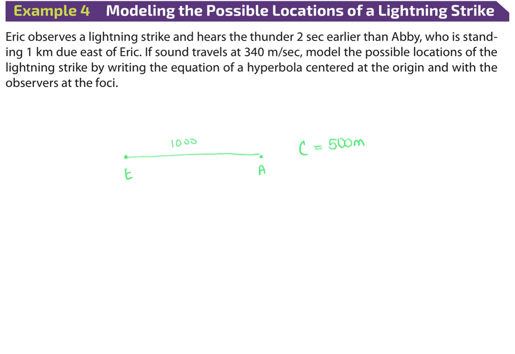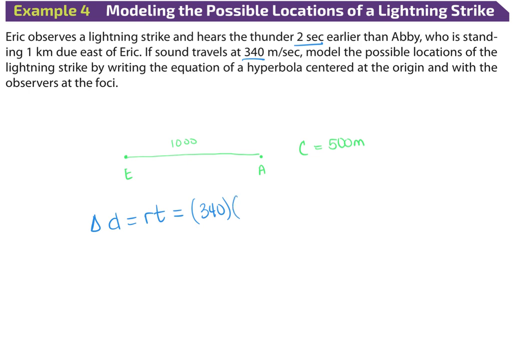The distance of the actual sound is going to be how fast it travels times how long it traveled. Distance equals rate times time. That's just a fact that hopefully we've known since Algebra 1. So using our information, that's technically the difference of the two distances. My rate, they told me, is 340 meters per second. They told me my time, 2 seconds.